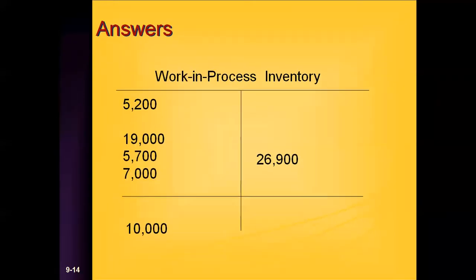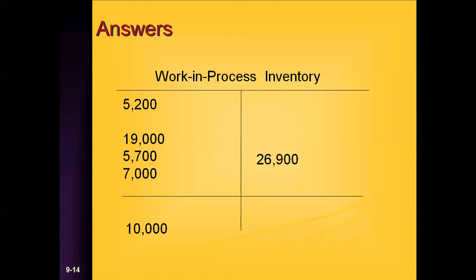So we'd have a similar kind of activity going on with the work in process inventory. Here again, we started out, as stated in the problem, with $5,200 in work in process inventory. And then the company had 5,700 in direct labor.